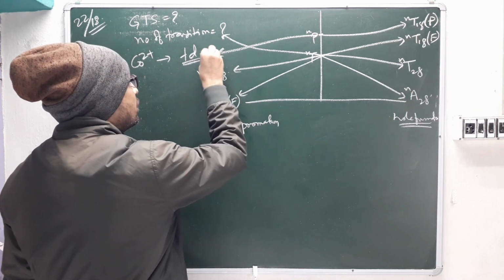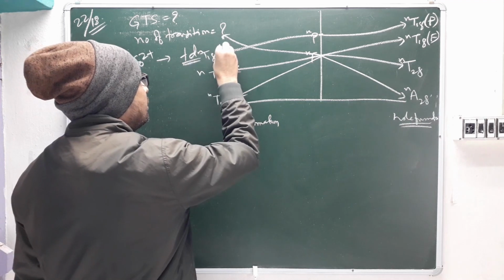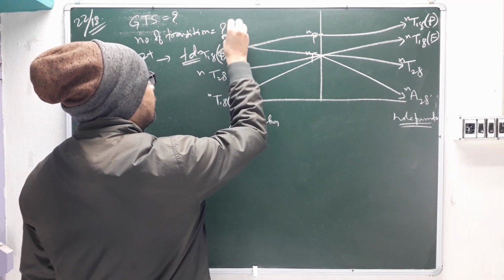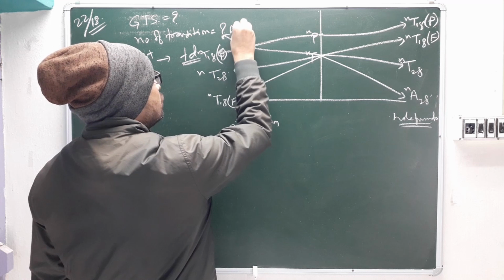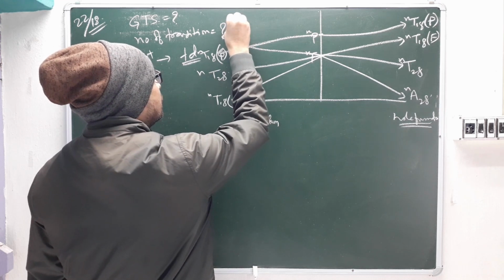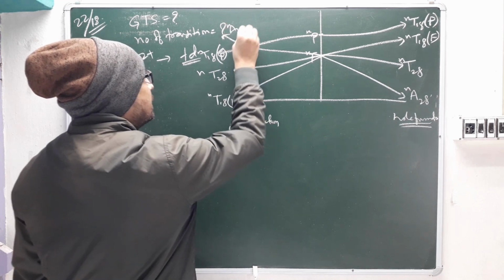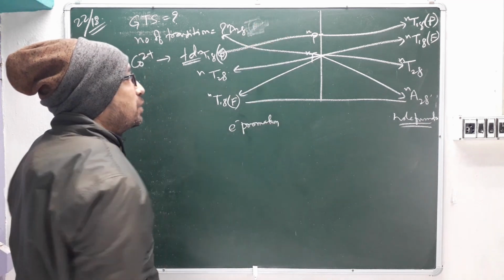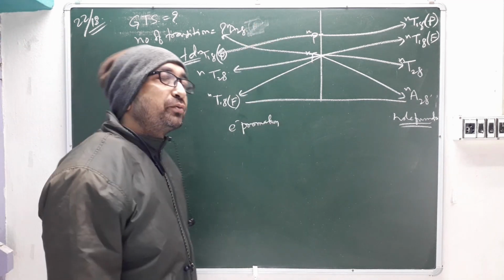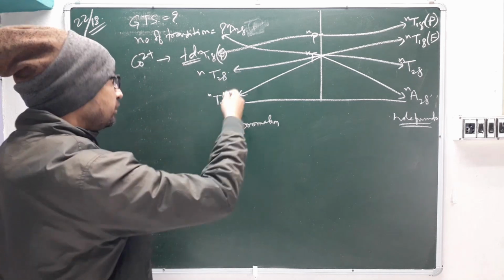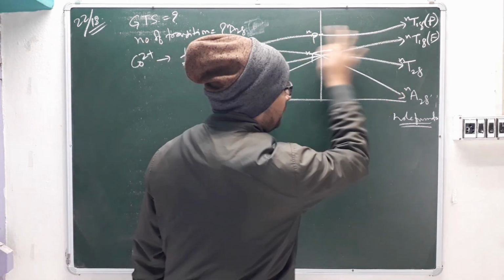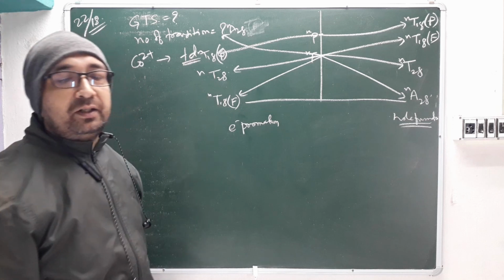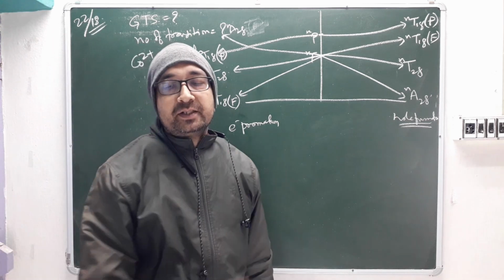This will be your T1g and T1g, and it will be for P, and this one will be your A2g, and this will be for the F term. No need to write A2g, because we know that A2g is for the F term only. So this is the basic thing, whether you are forming octahedral or tetrahedral.